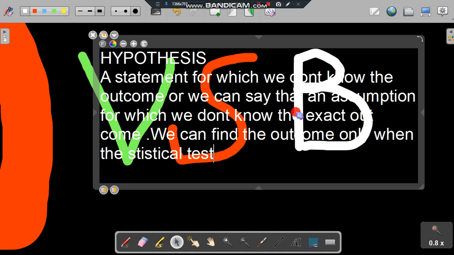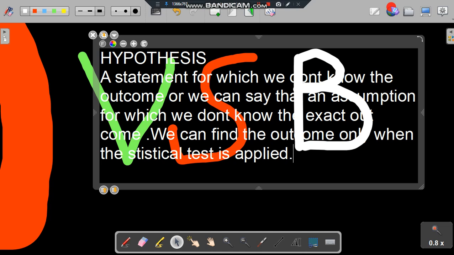A statement for which we cannot know the outcome, or an assumption for which we don't know the exact outcome. We can find the outcome only when the statistical test is applied.